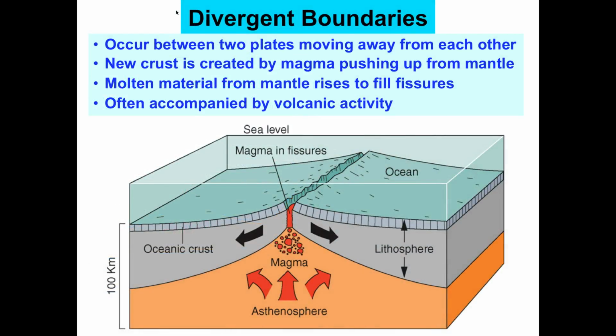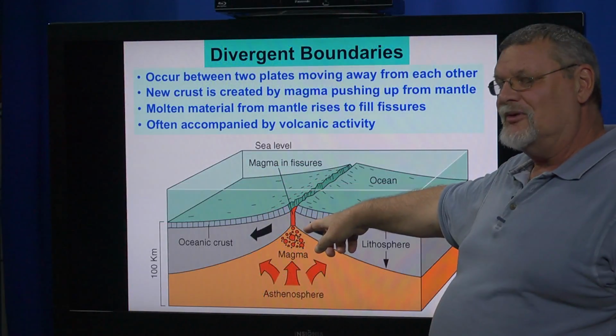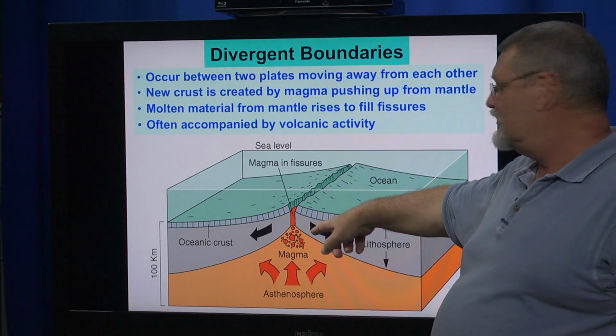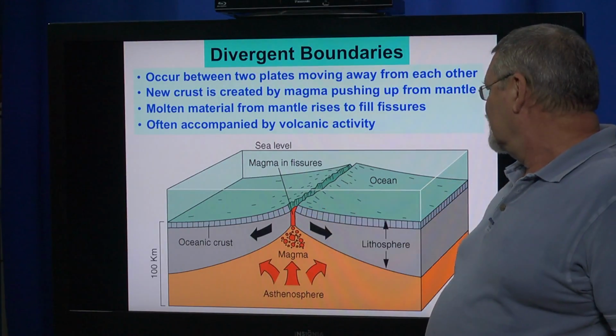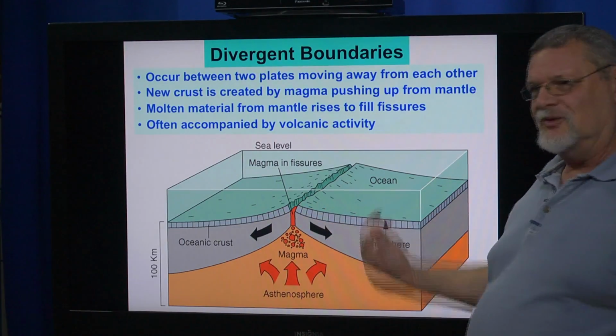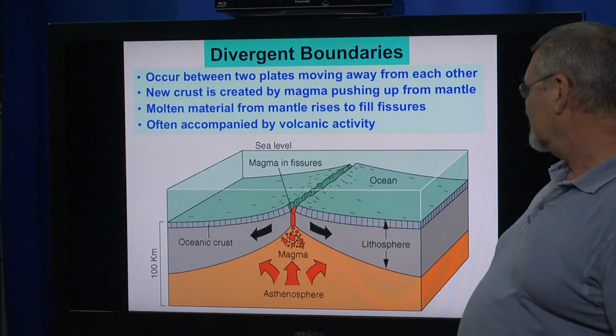Molten material from the mantle rises to fill these fissures. It says often accompanied by volcanic activity. Underwater, yeah, sometimes it comes out fairly violently. They've literally got photographs and movies of some underwater volcanoes, but much more so on land. And we'll talk about the ones that are on land in a few moments.